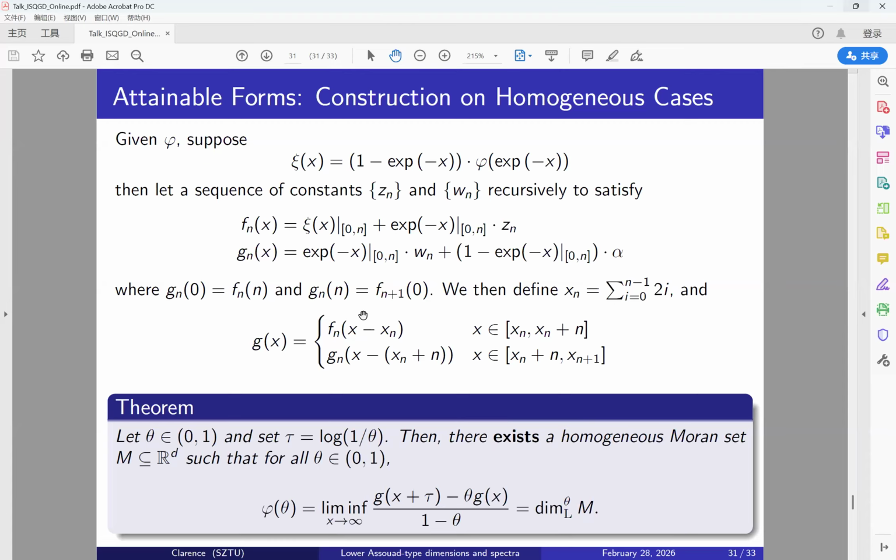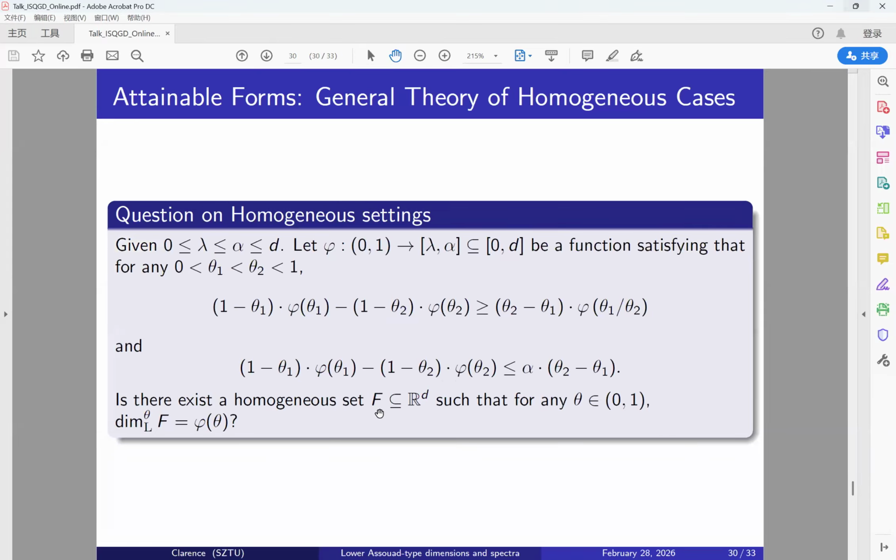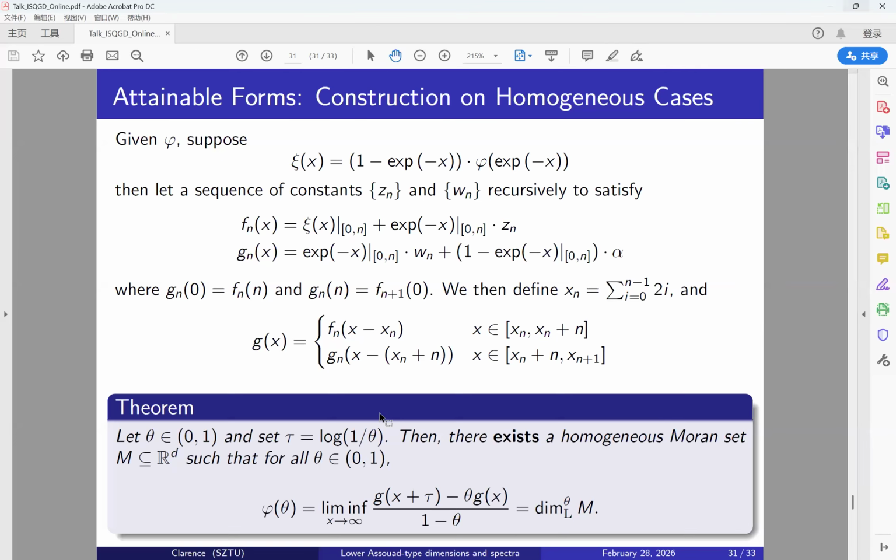By the results of Amla and Alex, we can say that for homogeneous settings and for a G like this, there exists a homogeneous Moore set such that for any theta, the lower spectrum is given by the function above. Here is just the recent progress on the lower spectrum.